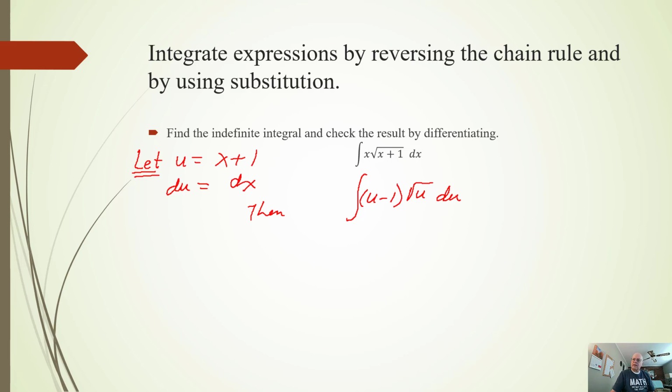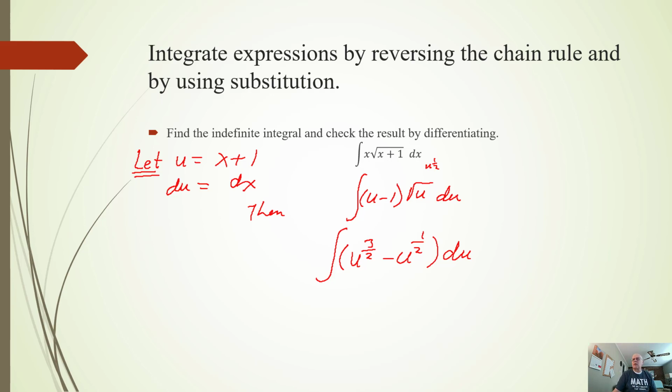Now, remember this is u to the 1/2 power. So we can rewrite this integral. We're going to multiply this u to the 1/2 power times the u minus 1, which will give us u to the 3/2 minus u to the 1/2 du.